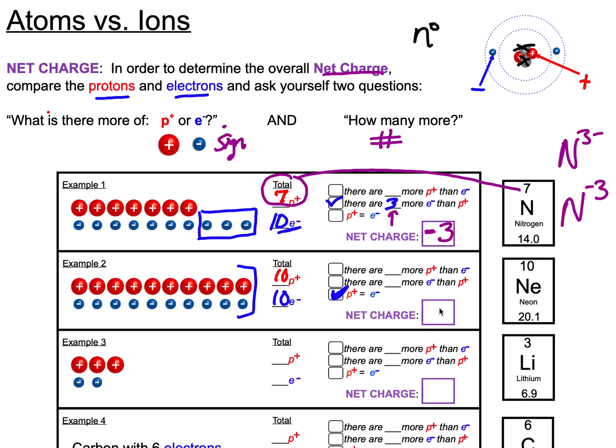The net charge is 0. This is the only time you don't have to put a little positive or negative sign because it's just a 0. Now, there's 10 protons. So if we look at the atomic number, it's 10. So we write Ne, and then you can leave it blank or you could put a 0 here. That indicates that there's no overall charge.